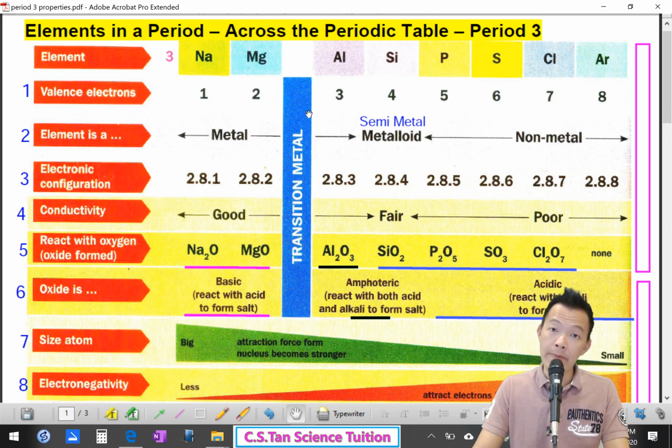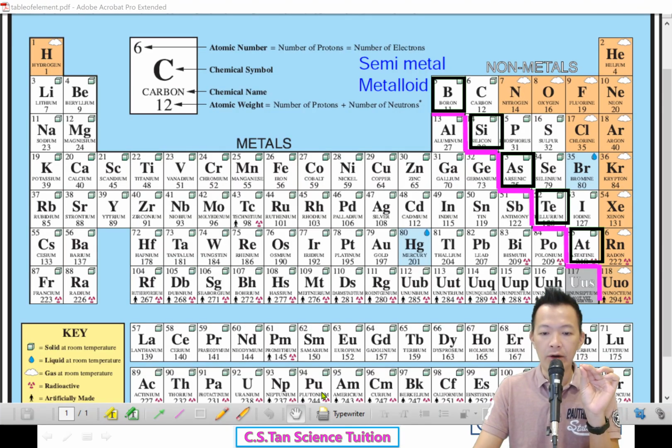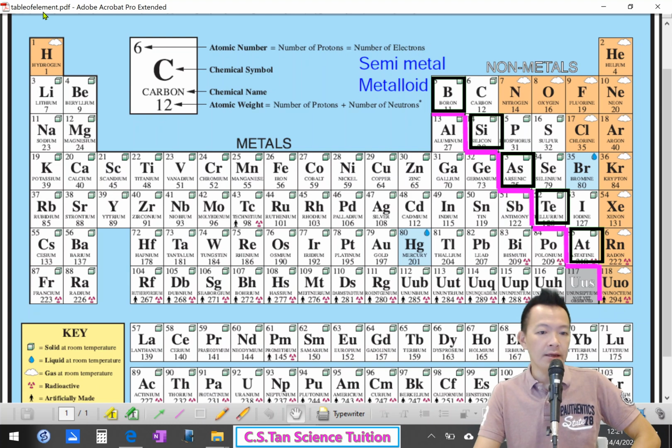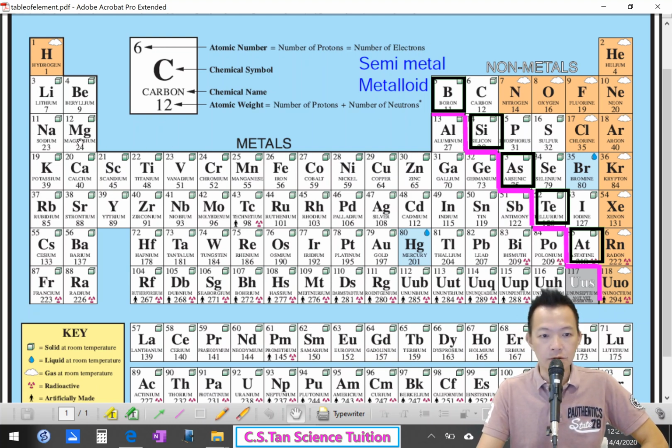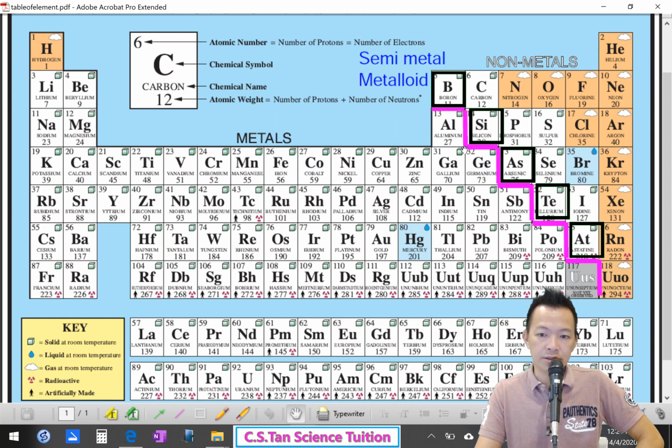Okay, I want to tell you something. Turn back behind your cover and now you label on your notes: when you move across period number 3 from left to right, metal slowly becomes metalloid and finally becomes non-metal. If you look at this table, can you see the table has a darker line, looking like a ladder?